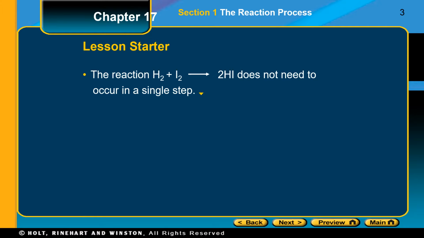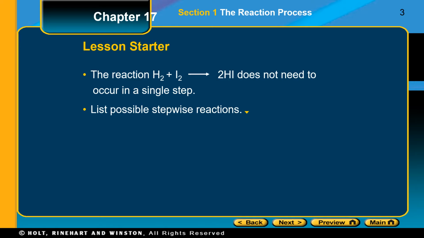And let's begin with this reaction here where we have a hydrogen molecule reacting with an iodine molecule and ending up with two hydrogen iodide molecules. And what we do know is this doesn't occur in just a single step. So if it doesn't occur in a single step, then what are the possible steps that it could go through?